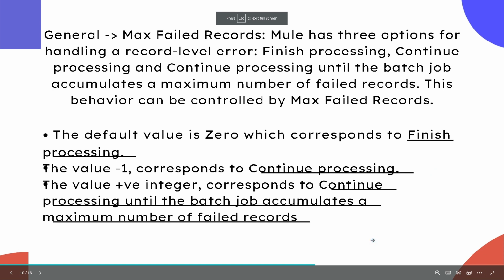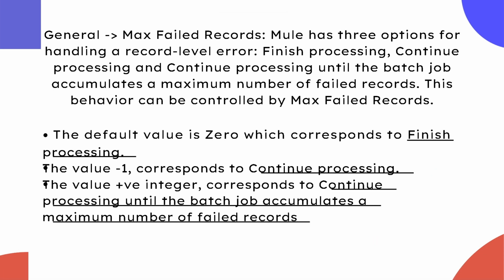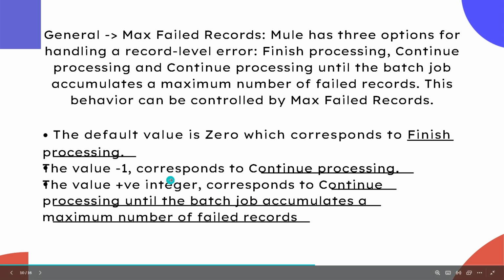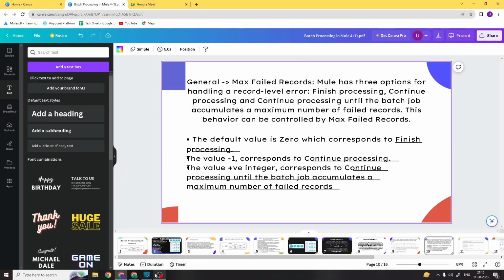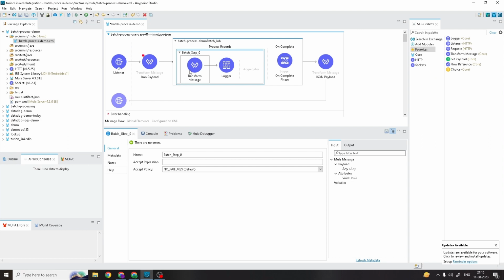Now what if the value of max failed records is -1? From here you can see it corresponds to continue processing. So let's say we have 10 records. Any one record fails. Let's say after processing 2 or 3 records, the fourth record fails. It will continue processing the remaining records.